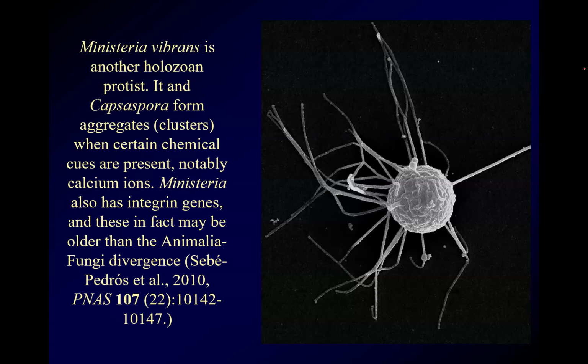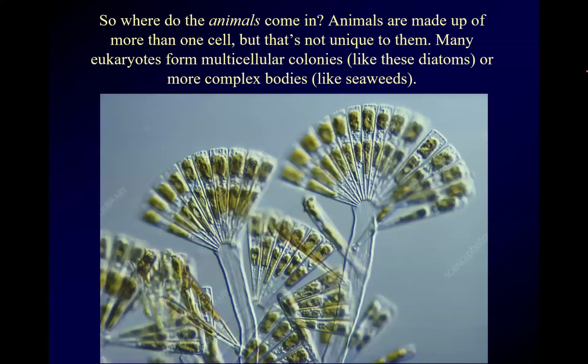So animals are made of more than one cell, but there are lots of non-animals that are too. And I'm not even talking plants and fungi. There are plenty of eukaryotes that form multicellular colonies. These happen to be diatoms. These are in the straminopiles. Those are in that S group in SAR. They're not closely related to plants or animals at all.